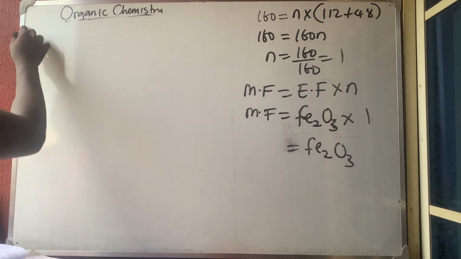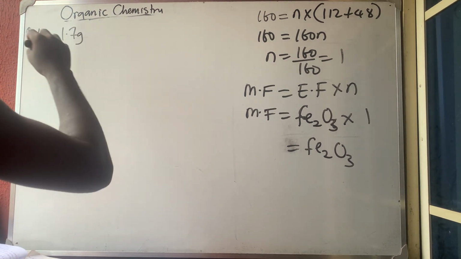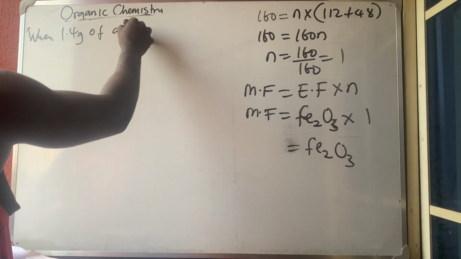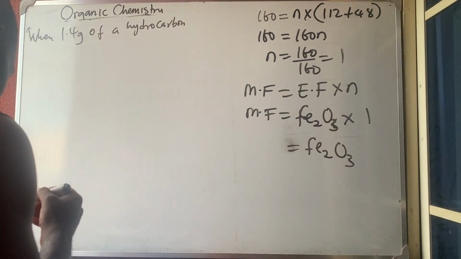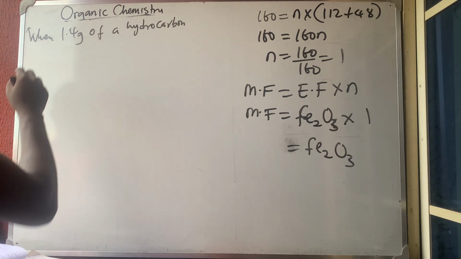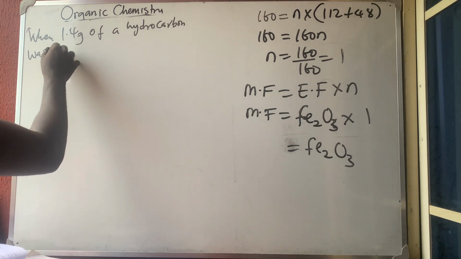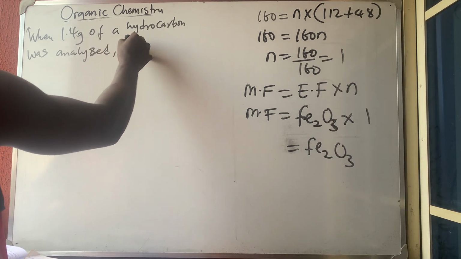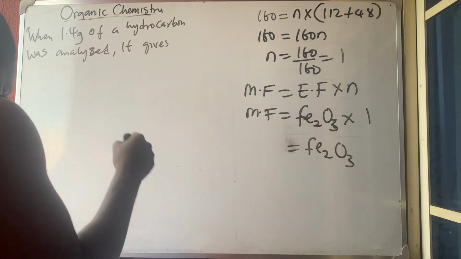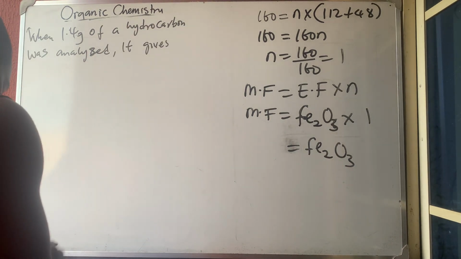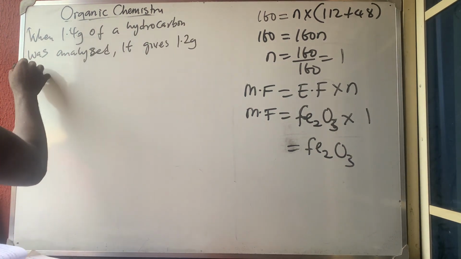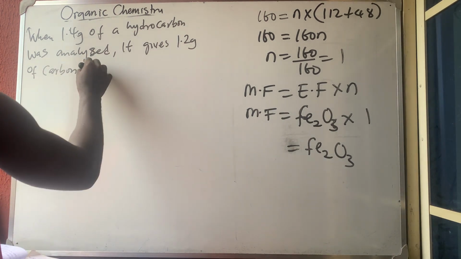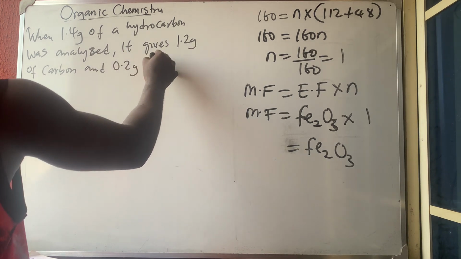They said when 1.4 gram of a hydrocarbon was analyzed, it gives 1.2 gram of carbon and 0.2 gram of hydrogen.